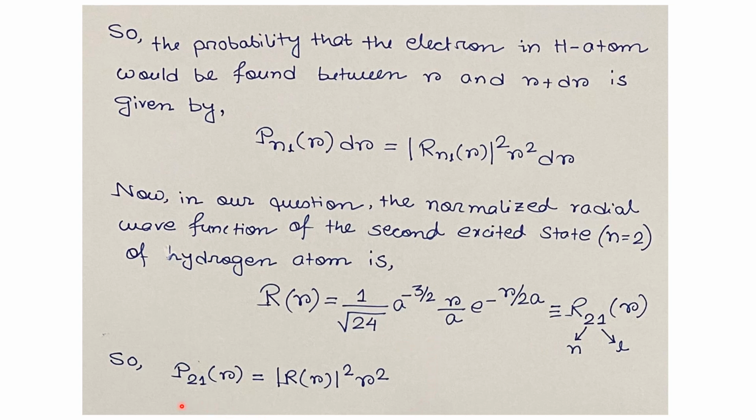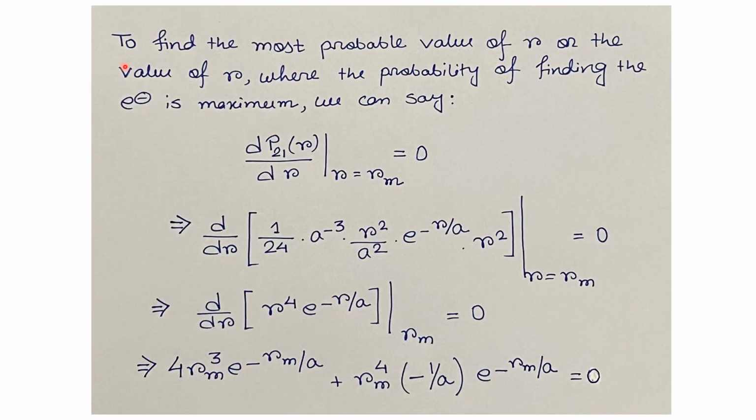Now, the probability density function P21 in this case is mod of R(r) square times r square, where R(r) is given by this. We have to find the most probable value of small r, which is the radial distance, or the value of r where the probability of finding the electron in the hydrogen atom is maximum.